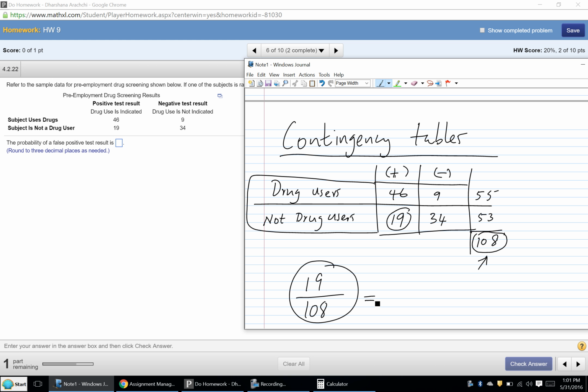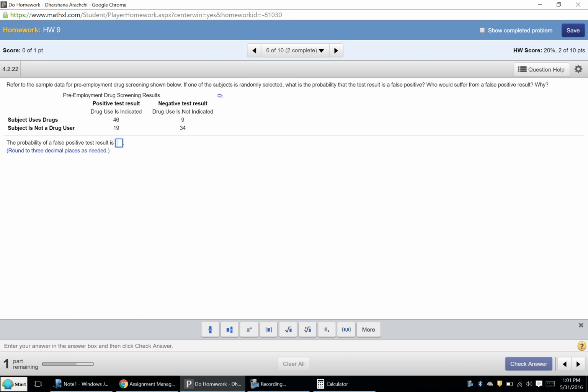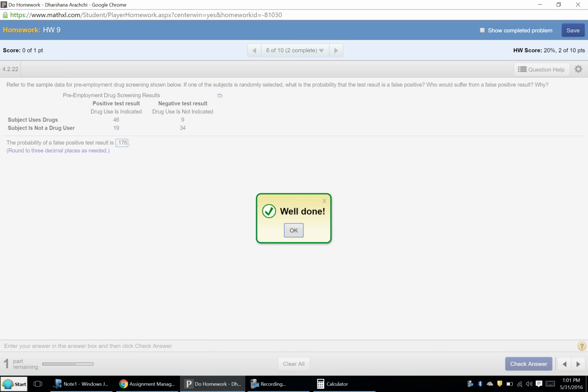We have to round off to 3 decimal places, so let's divide 19 by 108, and it is 0.176. There you go.